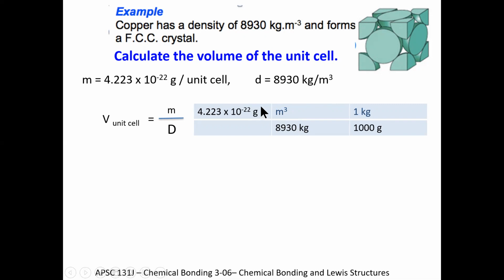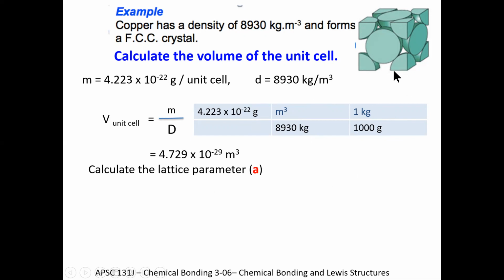So when we cancel, we end up canceling the grams and the kilograms. We divide 4.233 times 10 to the minus 22 by 8,930, and then we also divide by 1,000. And we end up with the volume of this face-centered cubic unit cell.